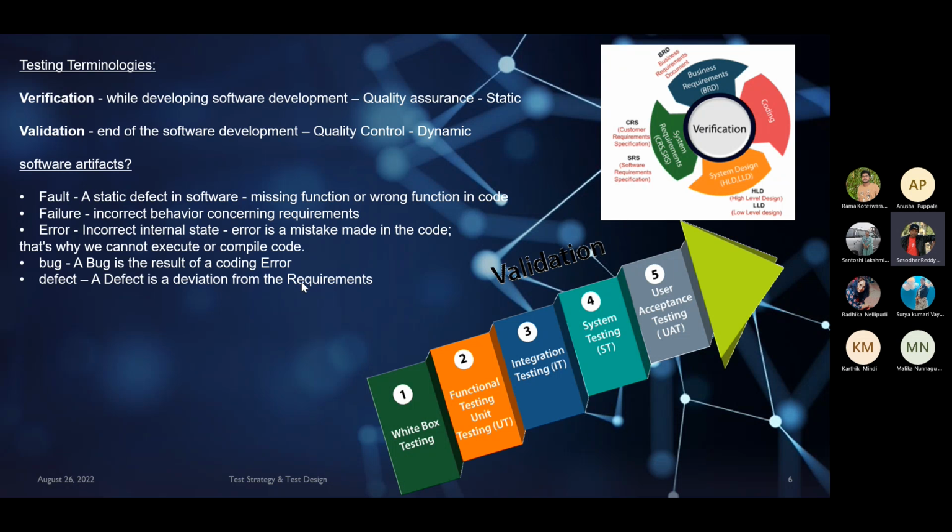So coming to testing terminology, we covered verification and validation, which are the important terminologies that cover the CRS, BRD, and SRS documents, and some of the software artifacts that a lot of testers deal with in the daily testing environment, like what is a fault, failure, error, bug, and defect. And types of test activities, where test case design, automation, and execution take place in a proper ascending order.